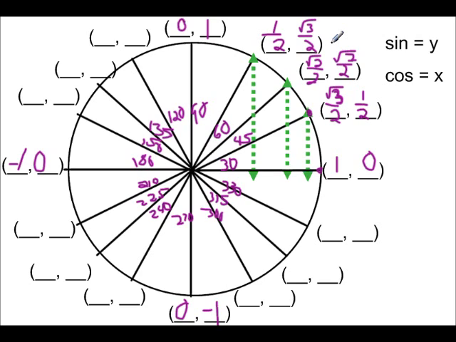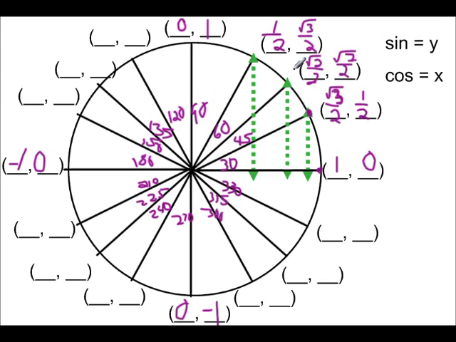Now, as we get into the other quadrants, this is why I made such a big deal of reference angles, because angles with the same reference angle will have either the same sine and cosine or the opposite sine or opposite cosine. That is, they'll be the same magnitude, but they may be positive or negative.